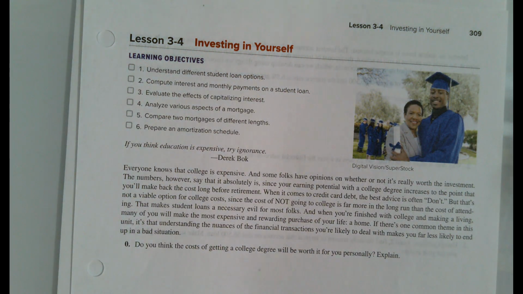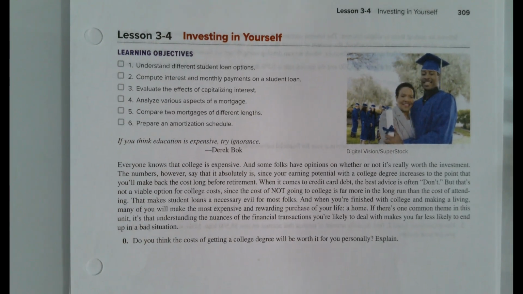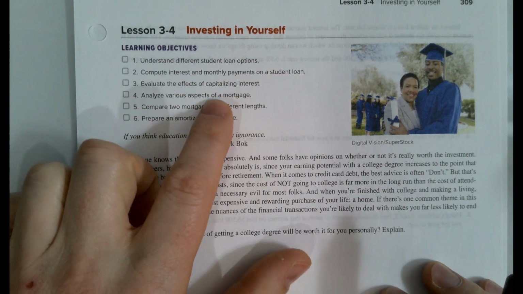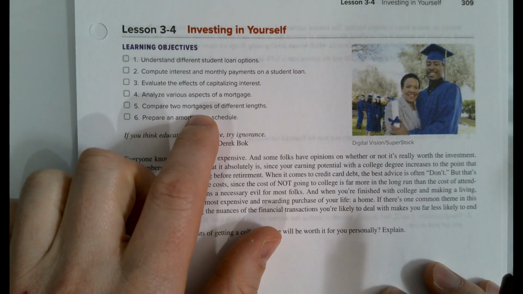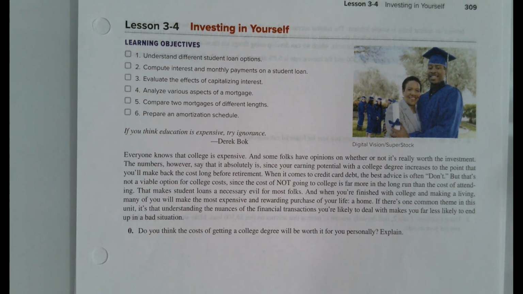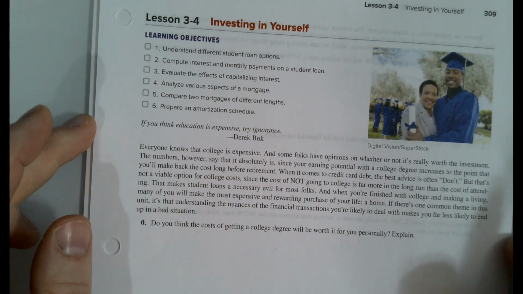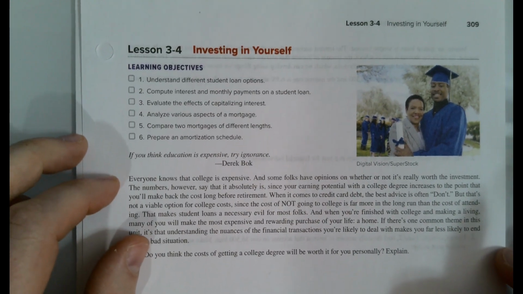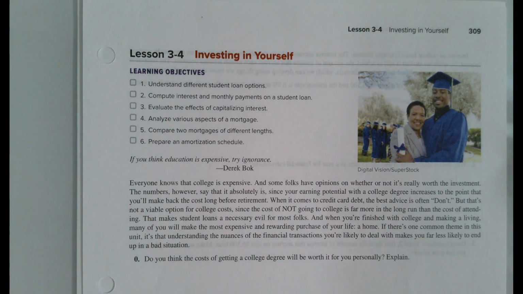Okay, so this section, 3-4, we're looking at student loans and mortgages. It's the same thing as 3-3 in terms of borrowing a car. It's the same monthly payment formula, the same idea of an installment loan, where in each of these cases, you're borrowing an amount of money and you're repaying it over a fixed amount of time.